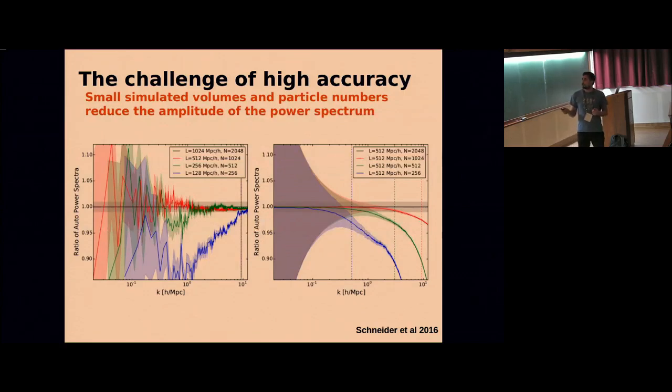You can see that on small scales, when you use only a small number of particles, you tend to underestimate the amount of nonlinearities by up to 10%. The reason behind this is that when you don't have enough mass resolution, you are not able to resolve the very small structures that the universe should have.